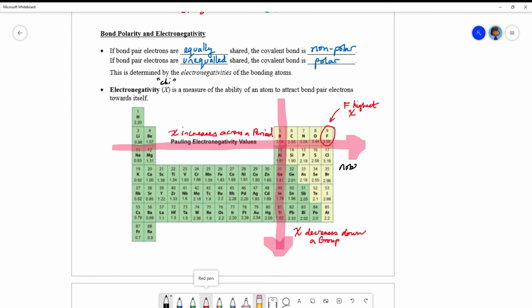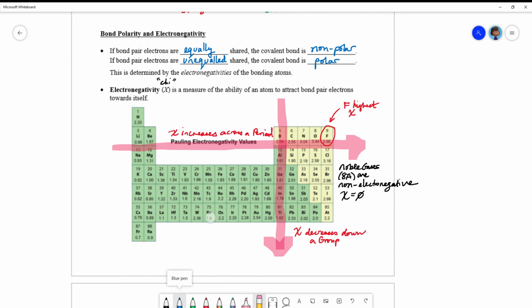So noble gases in group 8A are non-electronegative. I'm going off board here. Another way to say that is, we treat their electronegativity values as essentially equal to 0.